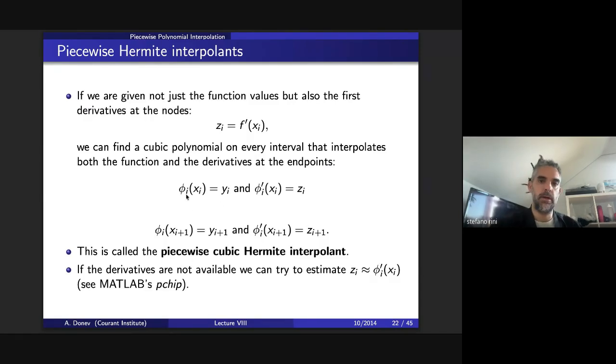What we do is the following: we set the polynomial to have the value of the function there, and then we look at the derivative and say that this derivative is z_i, right? Then when we fix the next polynomial, we ask that the derivative on the left-hand side of the polynomial will also be z_i, so that we're introducing continuity in the derivative of the interpolation between the left of the node and the right of the node. And this is called the piecewise cubic Hermite interpolator.